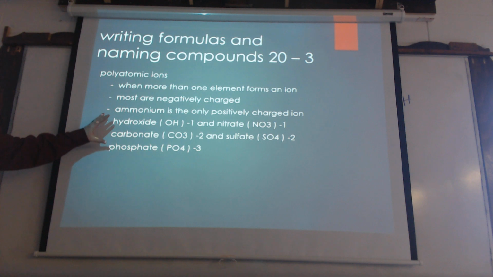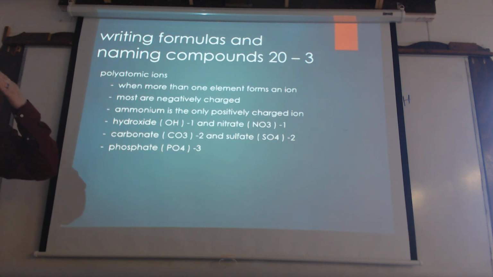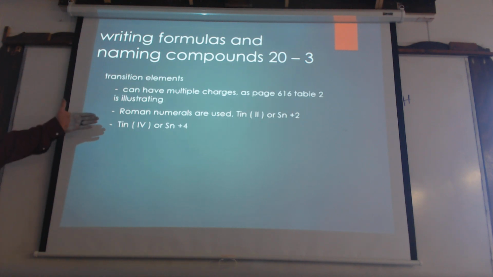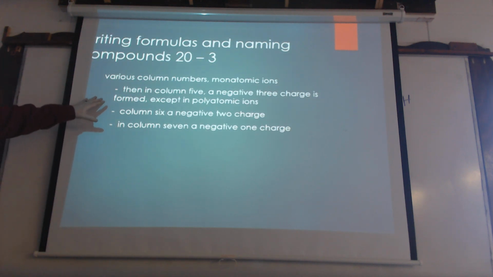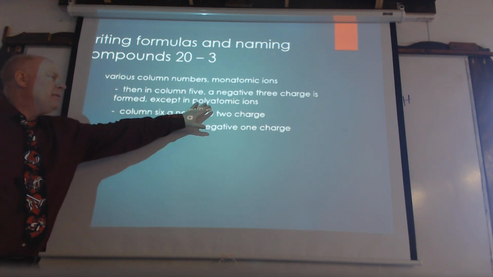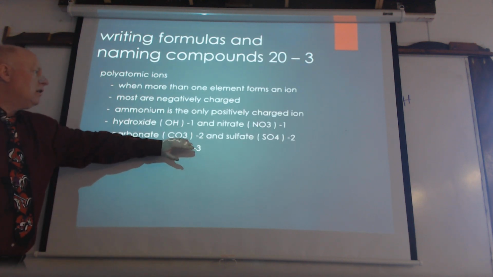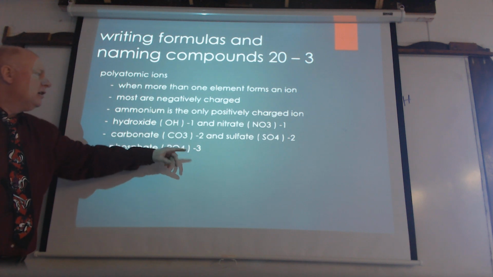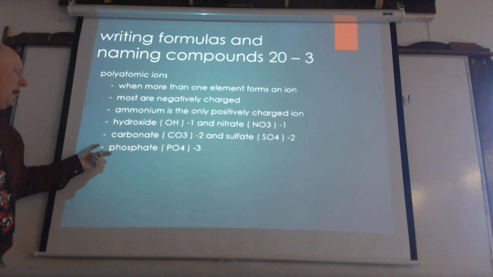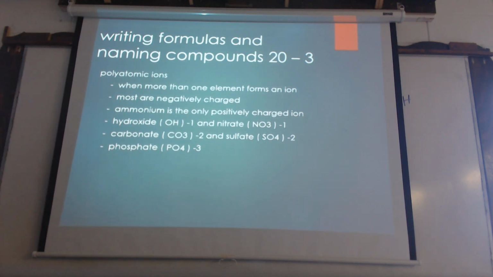Remember, one of the things we said is that once you get past carbon, typically they're supposed to form negative charges. But the exception to that was this: except in polyatomic ions. And that's what all of these are. Phosphorus typically forms a -3 charge, but if it's in a polyatomic ion, it actually forms a +5 charge.